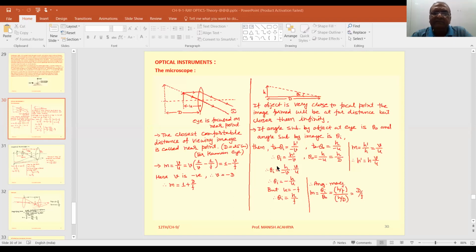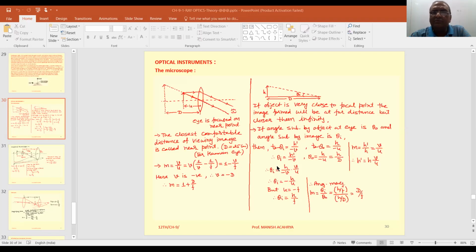Now when image formation takes place, when we see a magnified image with a magnifying glass, we maintain the distance between the object and the lens in such a way that image formation takes place on the side of the object.